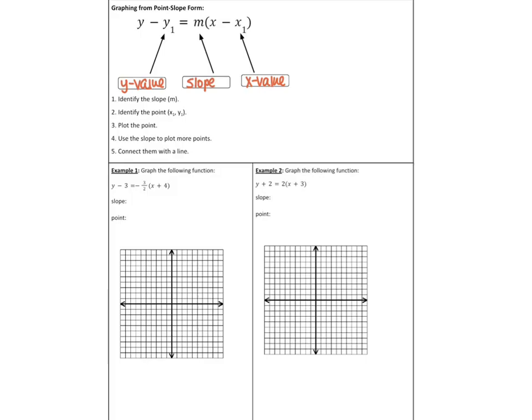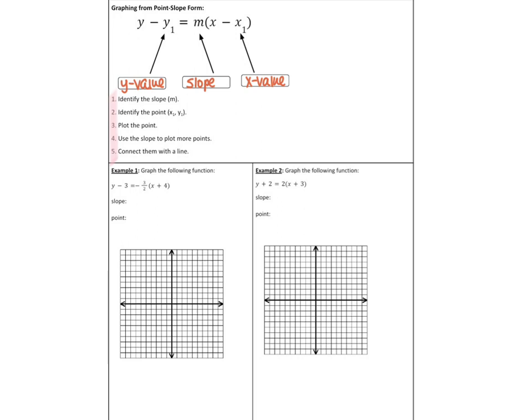So example 1 says to graph the following function. y minus 3 equals negative 3 halves, parentheses, x plus 4. First thing I notice is I have parentheses in this, and I have a value on the left side with my y. This tells me that I'm in point slope form. So we're going to follow the steps: identifying the slope, identifying the point, and then plotting the point, and then moving with the slope.